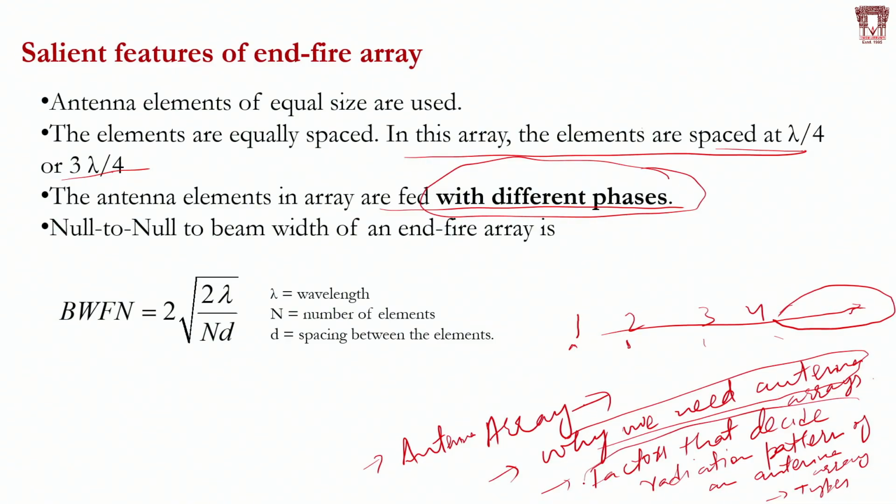What are the factors that decide the radiation pattern of the antenna? The individual phase, the shape of the antenna array, the spacing between the antenna elements. So these are some of the factors. And then finally, what are the types? Broadside array, end fire array, collinear array, end feed array, center feed array. Okay, this is all about today's topic.